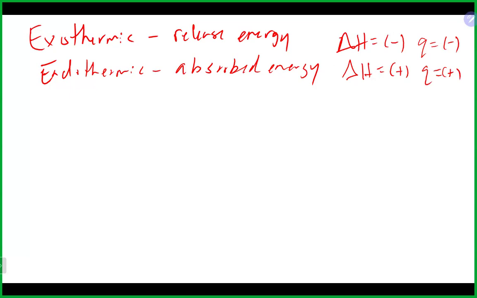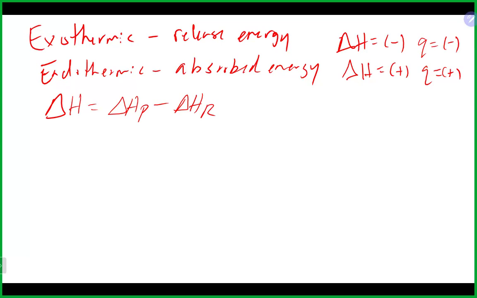We talked about how to calculate the change in enthalpy. Remember that it's a state function, which means that we add up all the enthalpy values for our products minus all the enthalpy values for our reactants, as our products are our final state and our reactants are our initial state.